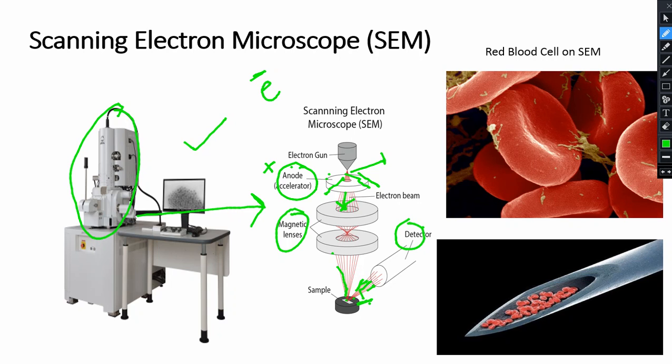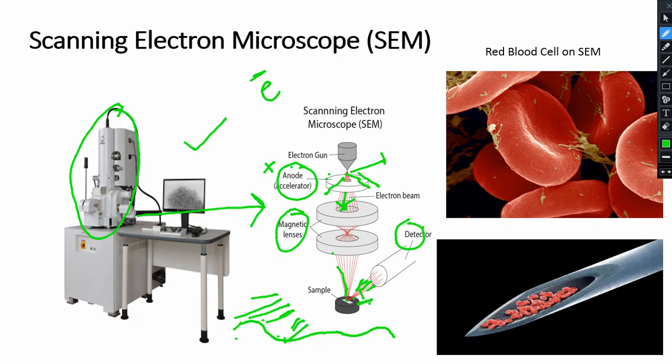That detector detects the reflected electrons. So if the shape of anything is narrow and curved, those places which are up reflect more electrons, and those which are beneath or curved produce fewer electrons. So on the basis of this distribution, the image is produced in this detector, and basically this image is 3D, which is of very good quality, and it will show you everything on the surface of a cell or an object.